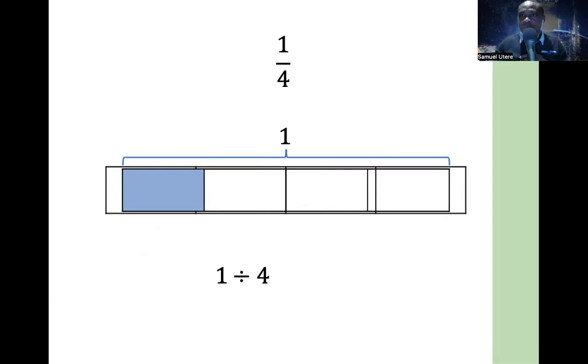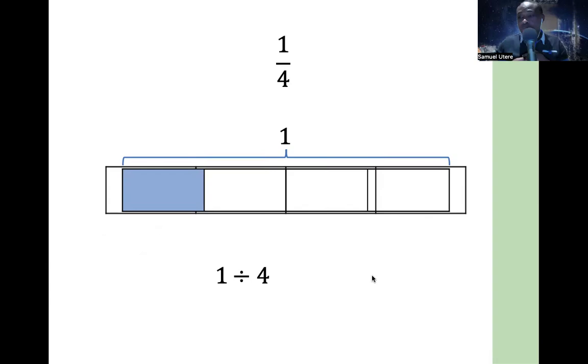If we split each of the bars, which we know is equal to 1, into quarters, it means we're going to have 3 lots of quarters.